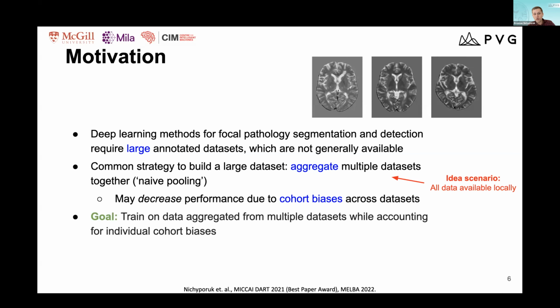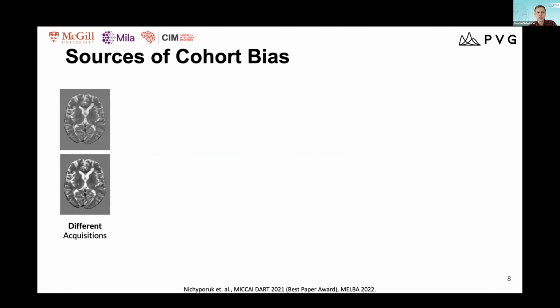So our goal, therefore, would be to train on data aggregated from multiple data sets while still accounting for individual cohort biases. And of course, we'd hope to see improved inference results over naively pooling the data. Now, the next natural question is, what exactly do I mean by cohort biases? Well, cohort biases can be a number of things.